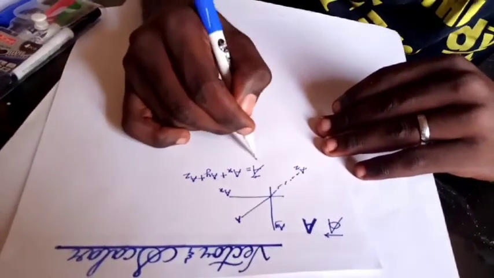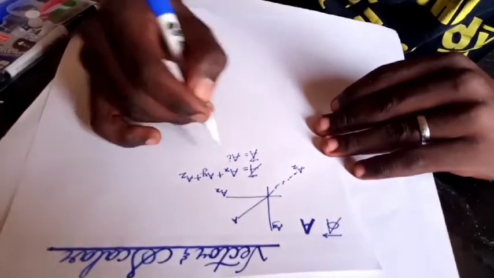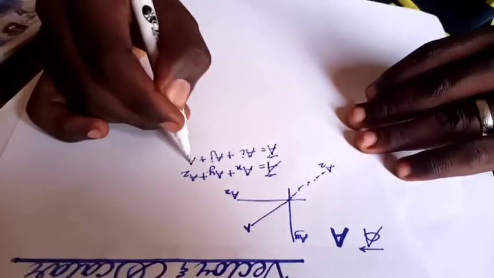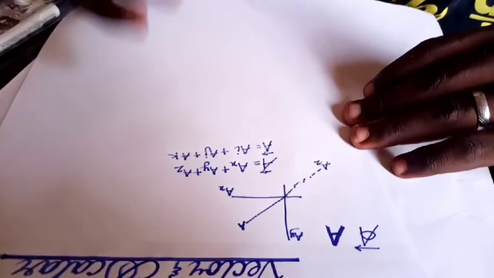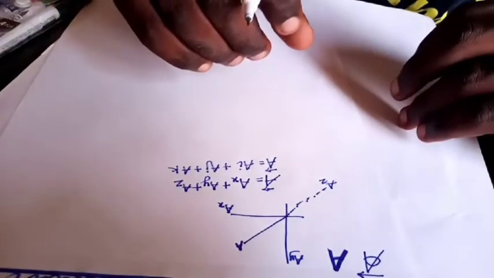Some materials can have it as A in the I direction plus A in the J direction plus A in the K direction. Whichever one, we are still talking about a vector quantity.